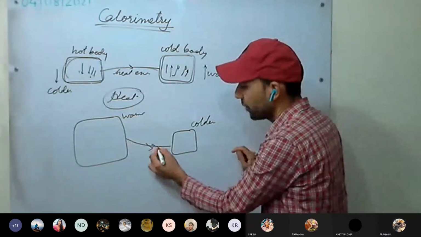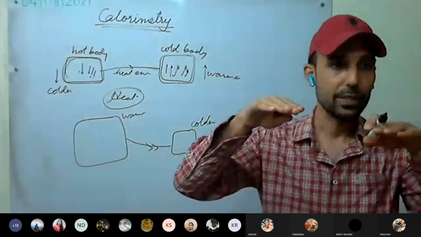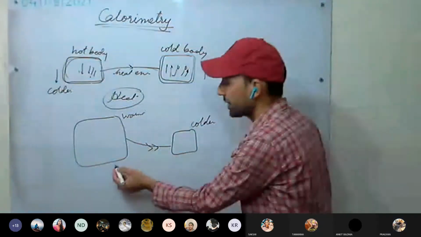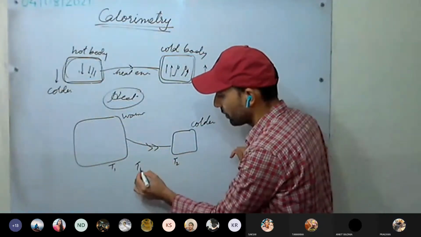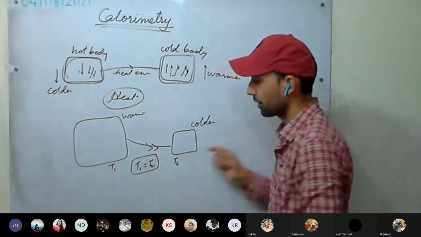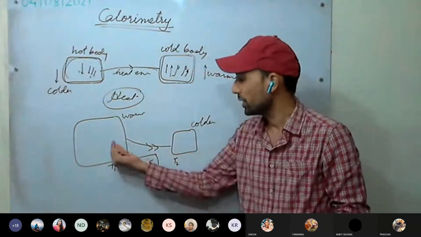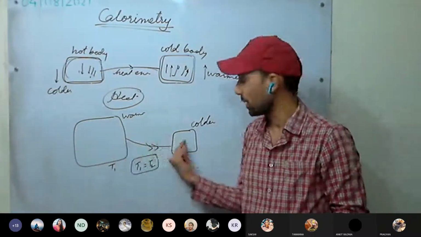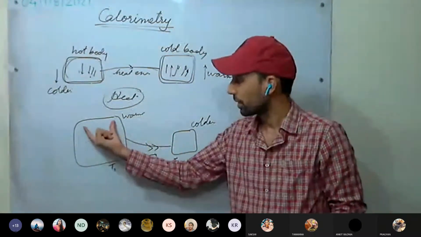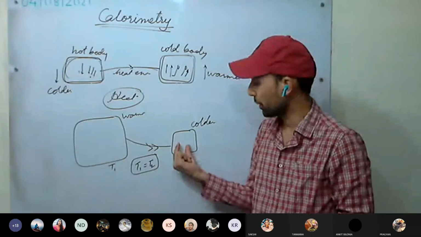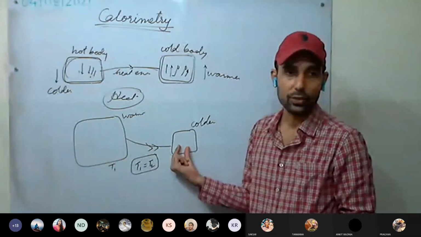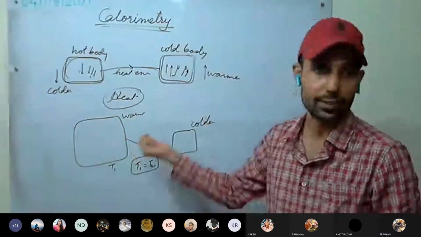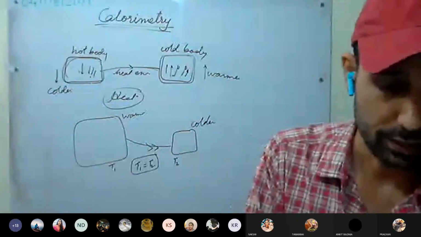Heat will flow, and this heat flow continues till the temperature becomes the same. Now, with temperatures T1 and T2 equal, their masses are different. They have the same material, but their masses are different. So the bigger body will have more heat energy as compared to the smaller body. Temperature is the same, but the bigger body will have more heat. This we are going to discuss today.